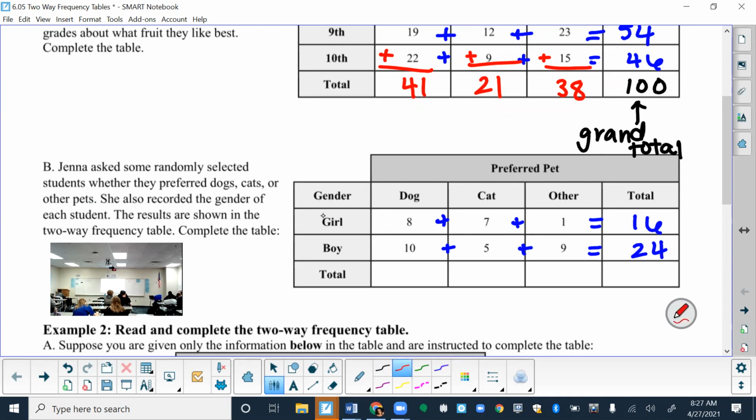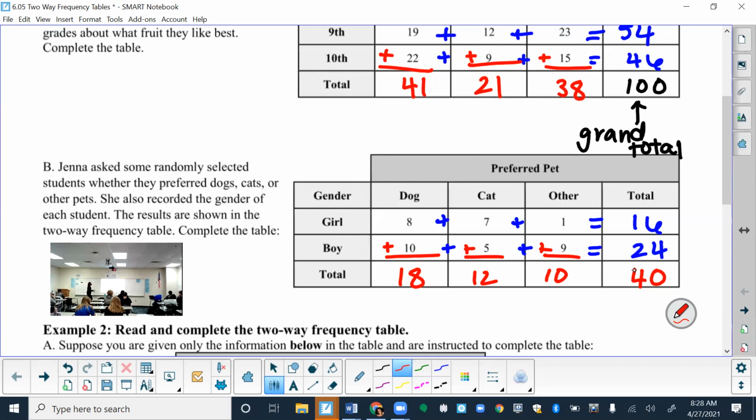And then add your columns together. So 8 plus 10, 7 plus 5, 12. 9 plus 1, and 16 plus 24. 40. All right, so does it add up to 40 going up and down and across? Yes. Okay, good. So that's a good indication that we did it right.